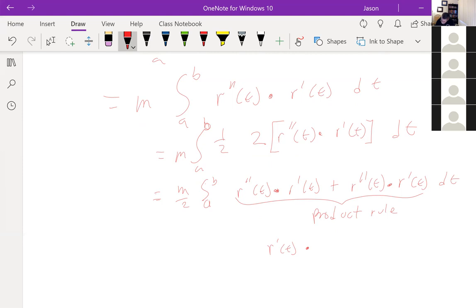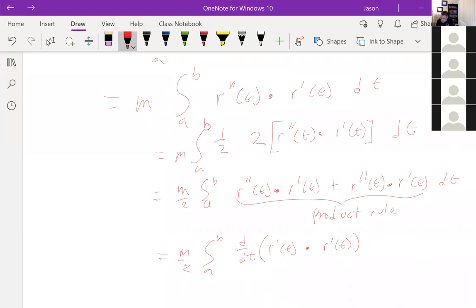If I take the derivative of this thing with respect to t, then I should get the above. So derivative of the first times the second plus the derivative of the second times the first. Oh, that's nice. So this is equal to m over 2, A to B, of d/dt of this thing.